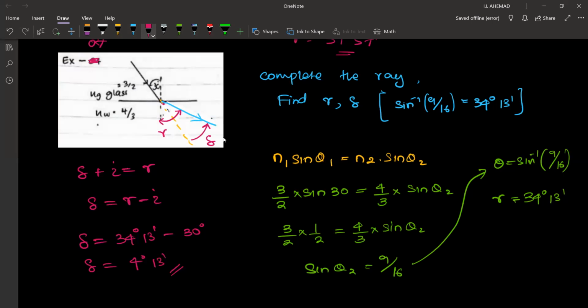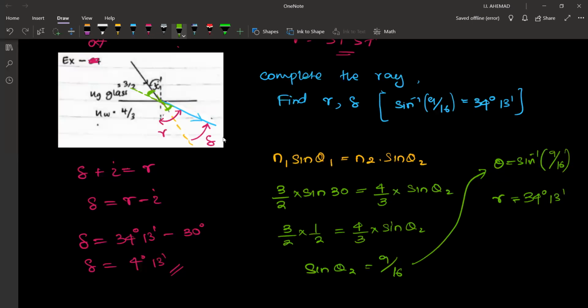Okay, now this time, let's look at the geometry. When I look at the geometry, I find something interesting. Look, this angle over here, and if I extend this behind, this angle over here, both of them are vertically opposite.